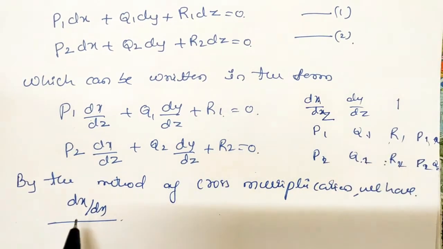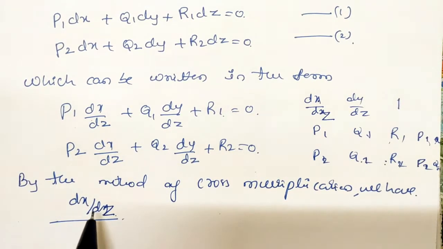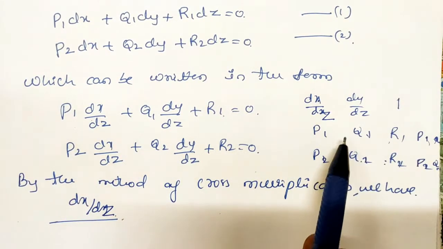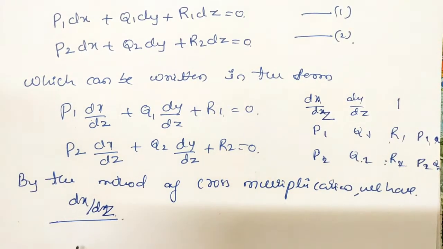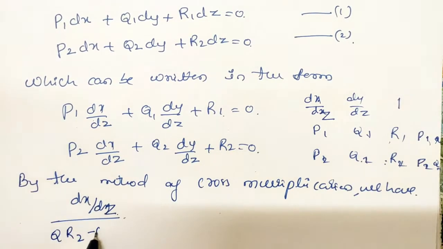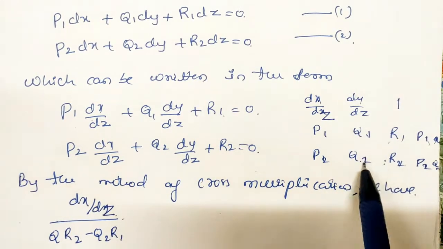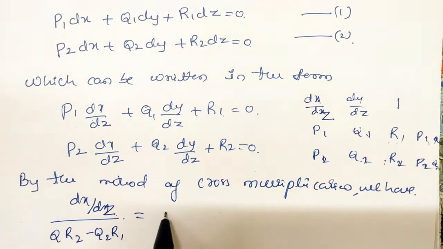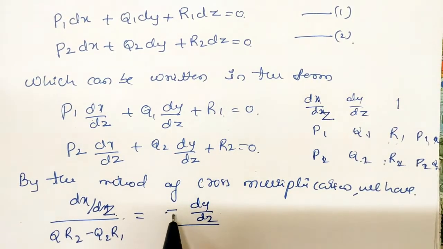So dx by dz is equal to q1 r2 minus q2 r1, is equal to minus dy by dz. We can take the minus in the numerator or in the denominator, anywhere you can take.